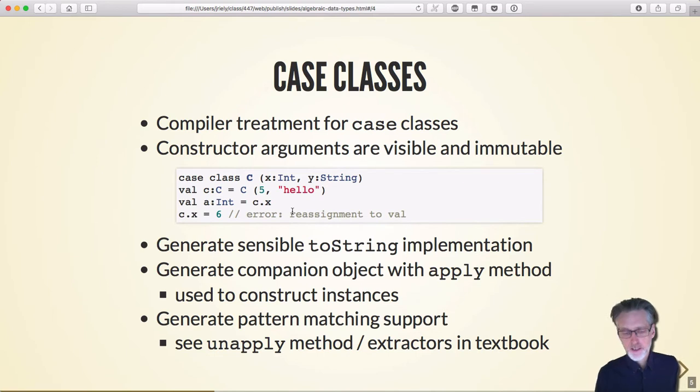So as long as an object supports those methods, it can be used in a match, or I should say case. As long as a class supports the unapply method and other things, these extractors, that class can then be matched in a case.